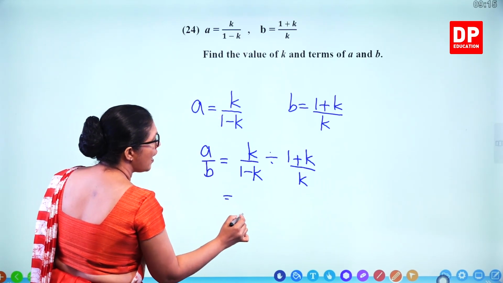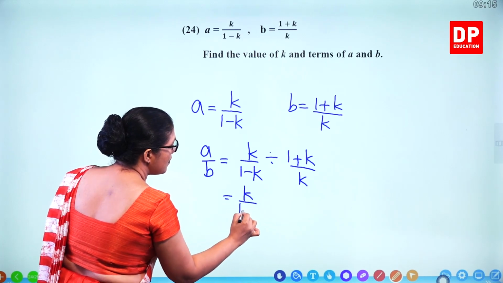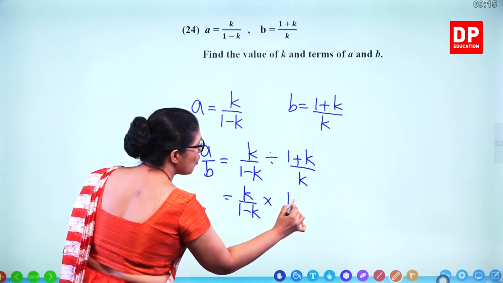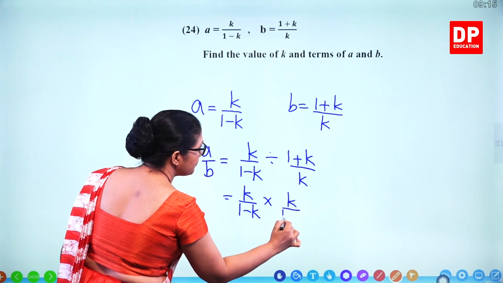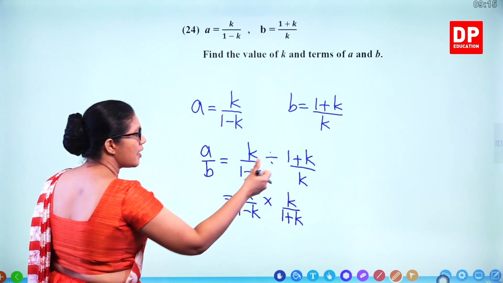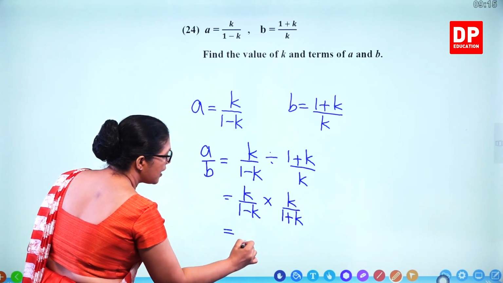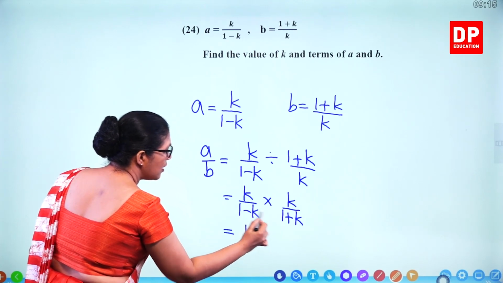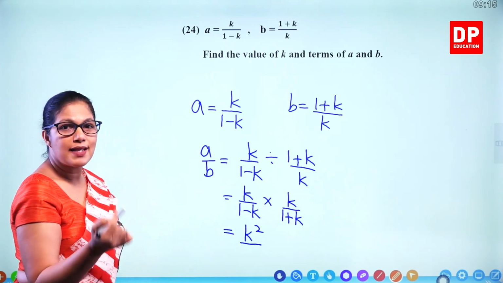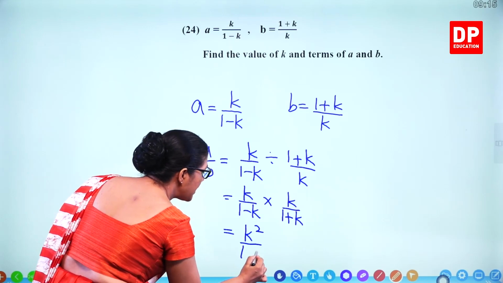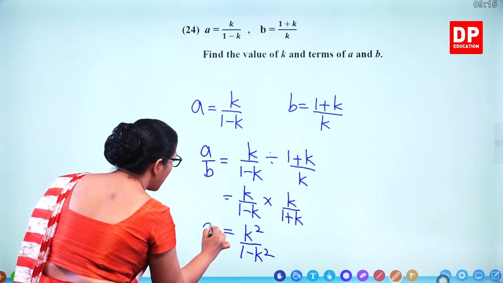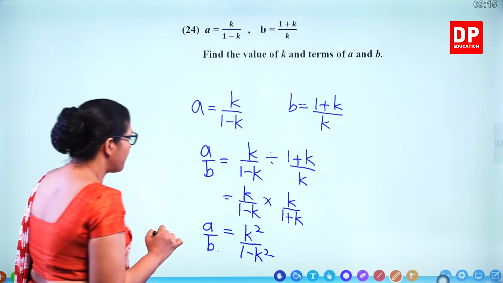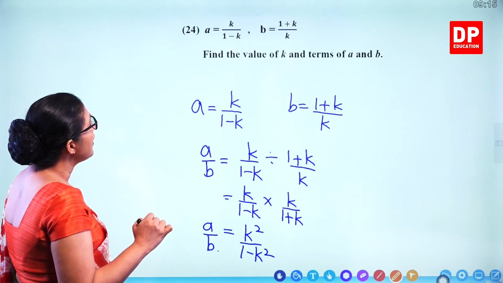So when you do that, division becomes multiplication of the reciprocal. You take upside down. So you get k squared over 1 minus k into 1 plus k, means 1 minus k squared. That's a over b. Now we need to find out k.